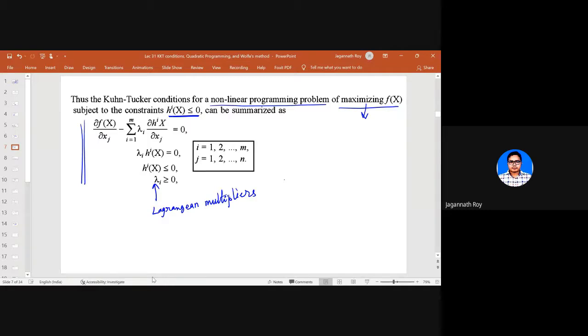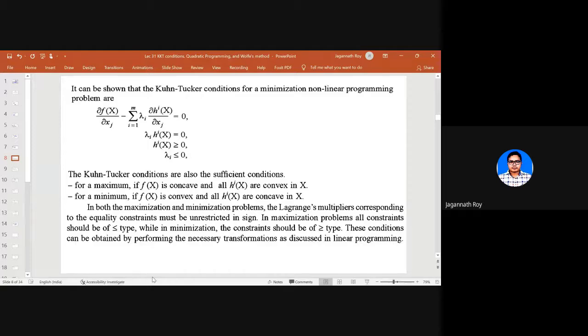Similarly, we can have another set of necessary conditions for which the multipliers will be negative this time. So these are negative multipliers.